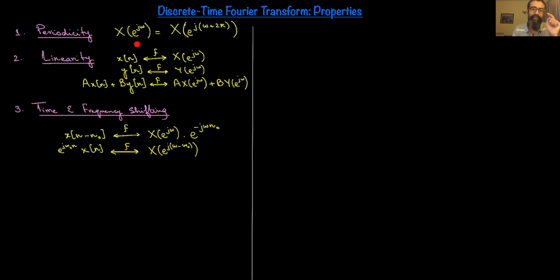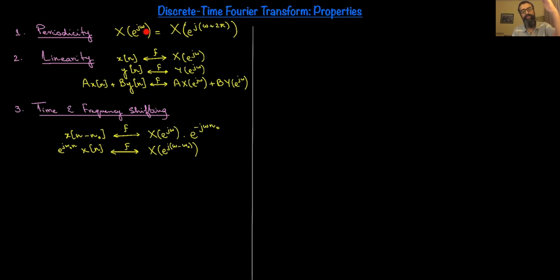And that's actually one of the reasons why we use the notation X of e raised to power j omega, where e raised to power j omega, if you recall, represents the equation of a circle. So e raised to power j theta represents a circle in which theta is modulo 2 pi, and omega therefore is modulo 2 pi here as well, which it actually is in the frequency domain.